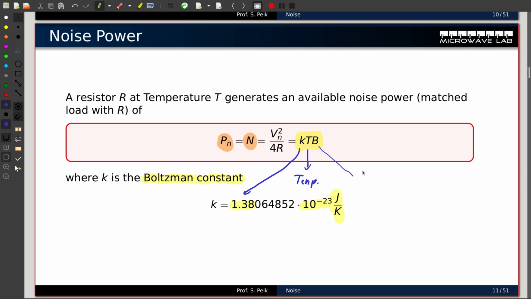And B is my bandwidth of the signal, or the signal of the system. So when you know these three values, you know the amount of noise power produced by a resistor. It should be noted that the noise power is not only created by resistors, as I said, also by transistors, and we'll see in a second also by antennas.